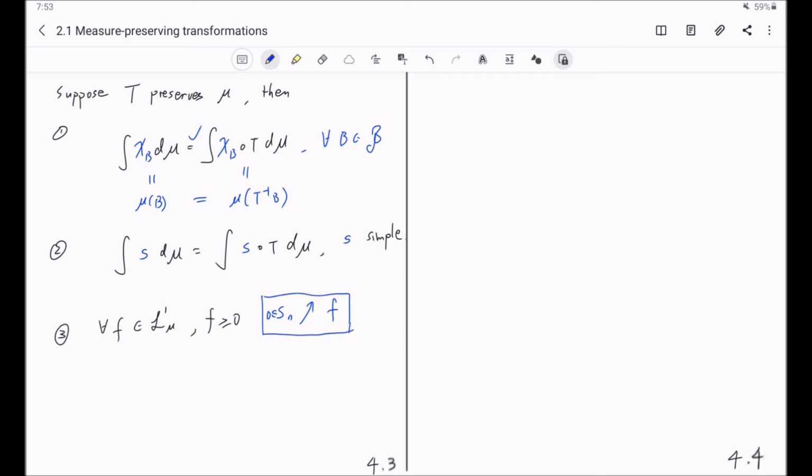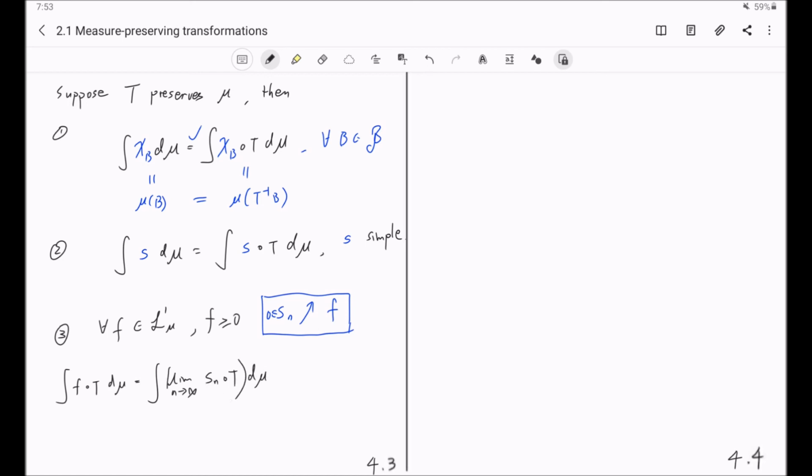You should have already seen this in measure theory. Then it follows that for this f, the integral of f composed with t is equal to the limit as n goes to infinity of the integral of s sub n composed with t.